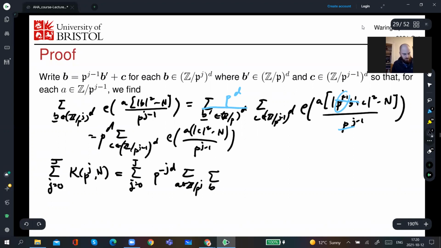Sum over b, z mod p to the j to the d, of this expression, e of a times b squared minus n over q.